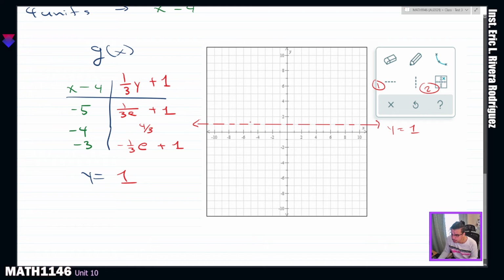That point should be around here, I believe, very close to the horizontal asymptote, because 1 over 3e is a tiny jump from 1. 4 over 3 will be, I don't know, around here, I think so.